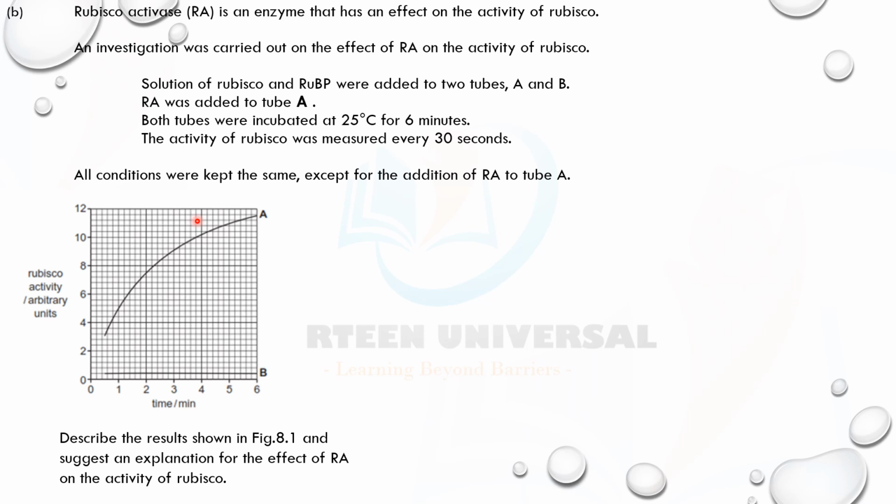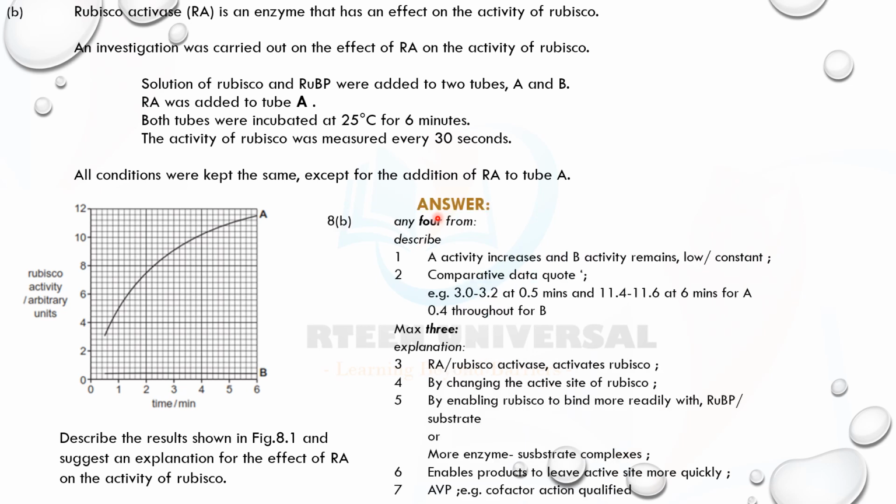What effect do all these molecules that activate other molecules have? Either it causes it to change the shape of the active site so that it binds more with the substrate RBP to form more ES complex, or it helps remove more of the product from the active site so that it can bind more to the substrate. So that's it here.